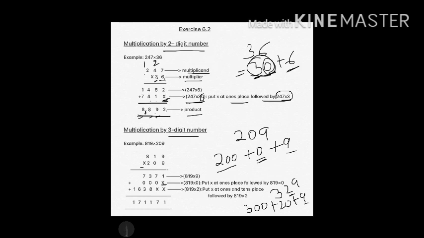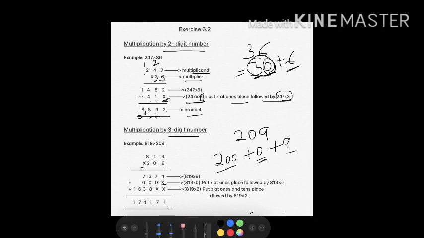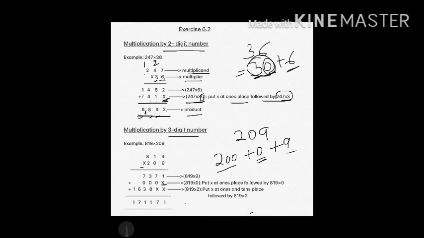That means in the first place I'm multiplying by 9. In the second place I will put one cross for the 0 and multiply with 2. And in the third line I have to put 2 crosses for the 2 zeros and then multiply with 3. So in this case also we'll do this only. Alright, so let's move ahead. I'll just make the screen clearer for you. Okay, right. So let's begin here.